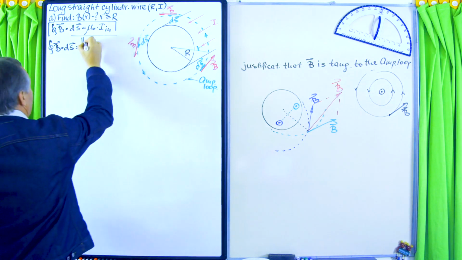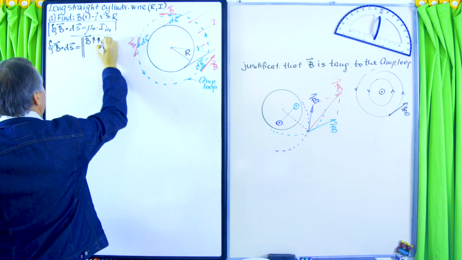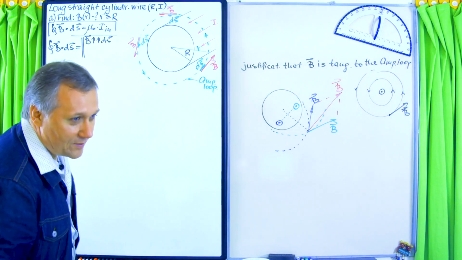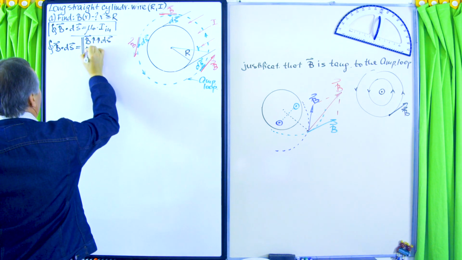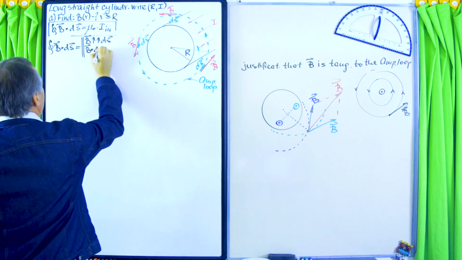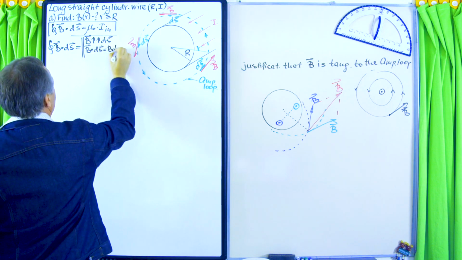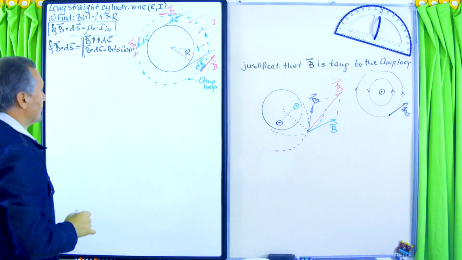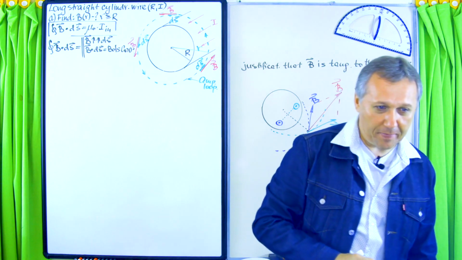Since B is parallel to ds, the angle between them is 0 degrees. So I can write B dot ds equals B ds times cosine of 0 degrees.